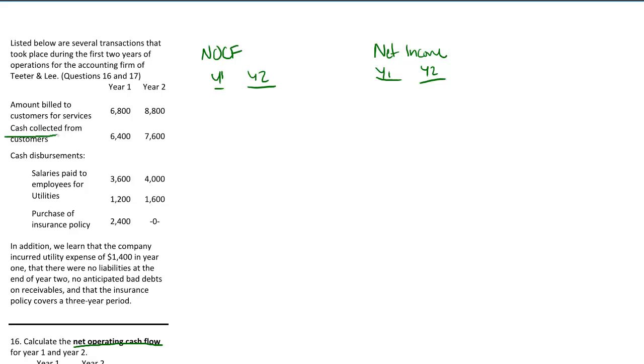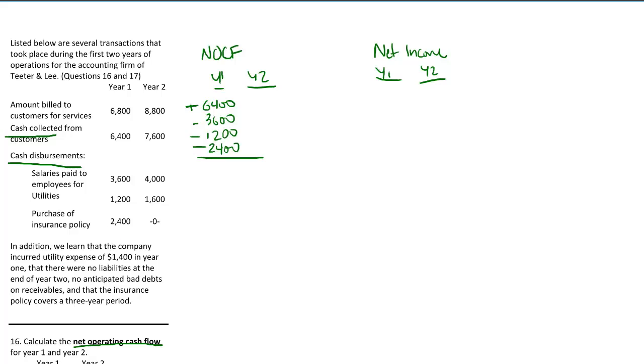So here we're focusing on cash collected from customers and cash disbursements. So in year 1, we had $6,400 plus. We had salaries paid, $3,600 minus. We had utilities, $1,200 minus, and $2,400 in our insurance policy minus. Okay, so we take our 64 and subtract these values.